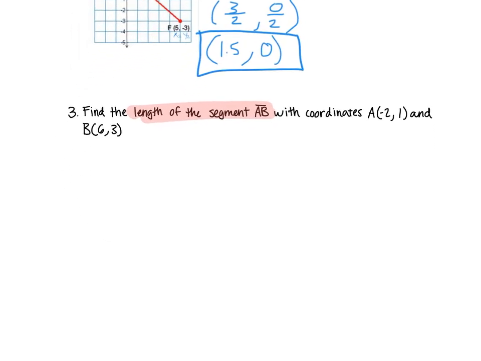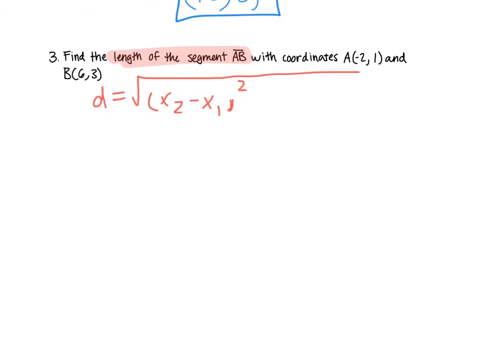So what formula would we use for number 3? The distance formula, which is the square root of x2 minus x1 squared plus y2 minus y1 squared.